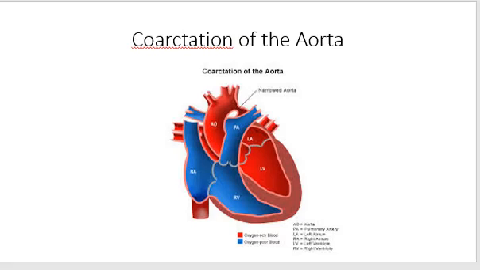Surgical repair is the treatment of choice for infants younger than 6 months, and for patients with long segment stenosis, or some of these have other defects that go along with it and complex anatomy. But long segment stenosis means it's a pretty significant narrowing for a longer segment of the aorta.